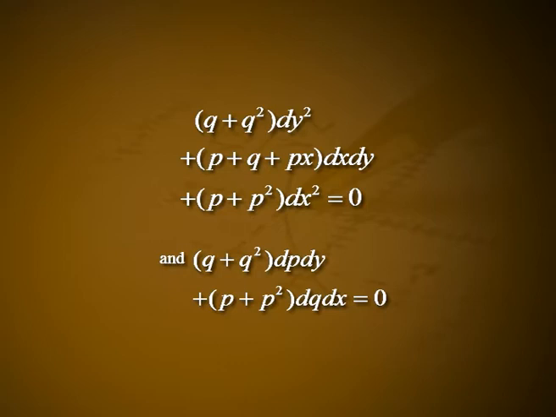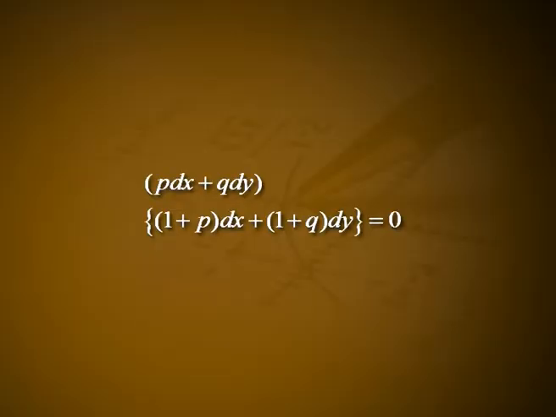Let it be equation number 2. Now, equation 1 can be written as (p dx plus q dy) into ((1 plus p) dx plus (1 plus q) dy) is equal to 0. Therefore, either p dx plus q dy is equal to 0, let it be equation number 3, or (1 plus p) into dx plus (1 plus q) into dy is equal to 0, let it be equation number 4.